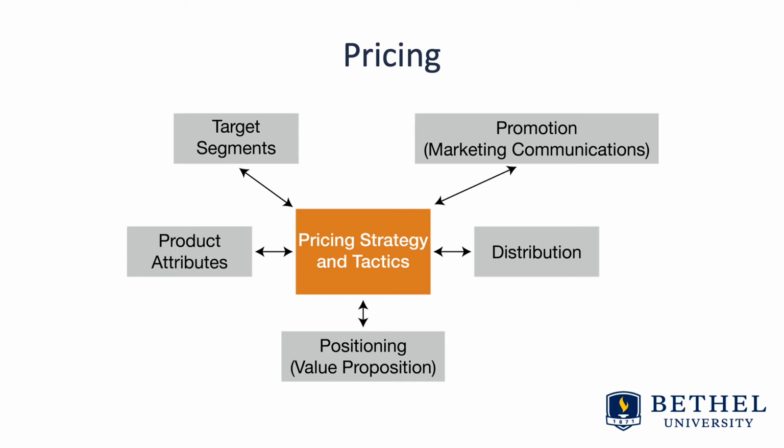For example, if the product attributes are unique and/or expensive to create, the business can put a higher price on this product. And conversely, if there is a higher price on this product versus competitive products on the market, then there needs to be some product attribute that the market sees as valuable enough to command that high price.